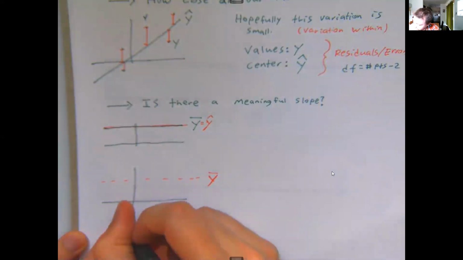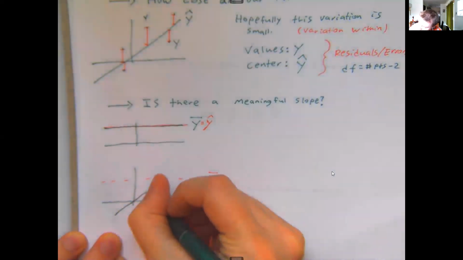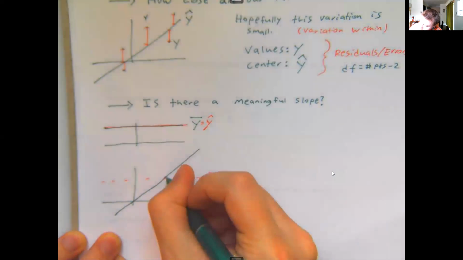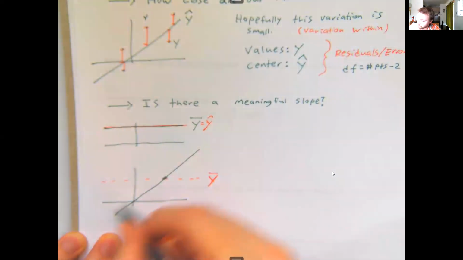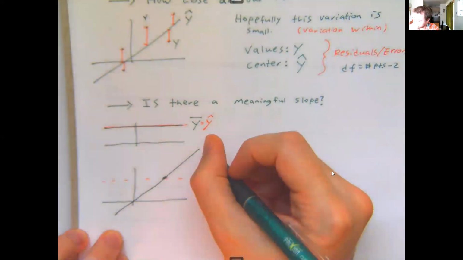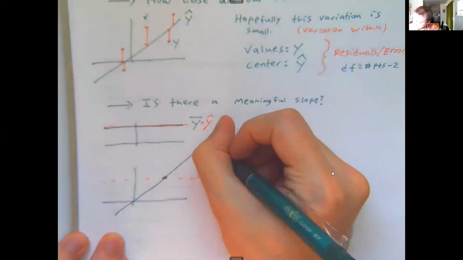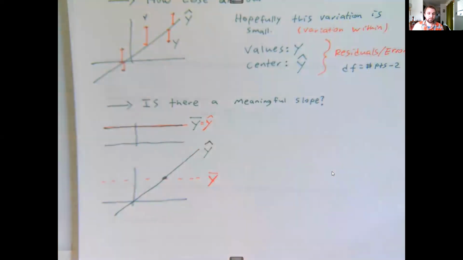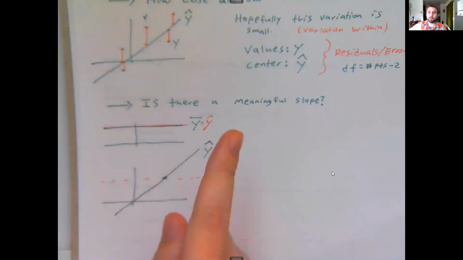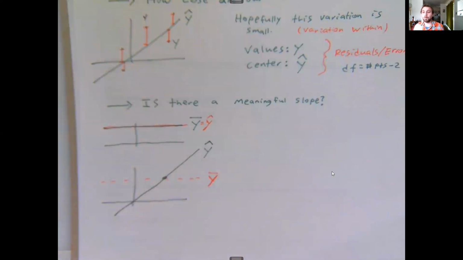If there's slope, I should see a substantial difference between this flat line and my actual line. I switched the colors up on you there, sorry about that, but I hope you're still seeing from the picture what's going on. I have my flat line, and I'm comparing that to my actual line, and I'm hoping there's a difference between the two.